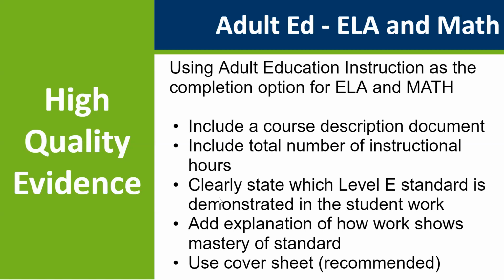So when you are using adult ed instruction as the completion option for ELA and math, here is a starting point of what you need to do, what you need to include. I would again just remind you that they're on the competency completion options document. The first several pages of that are an overview, and that is where you will find details of all of the requirements for everything that needs to be in the portfolio.